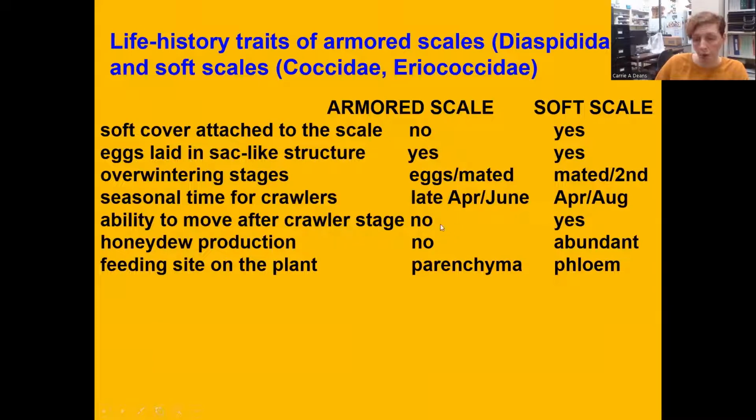Armored scales pretty much lose their legs and antennae. Soft scales can technically move, but they really don't tend to; it's quite rare. Honeydew production: soft scales, because they are feeding on the phloem, do produce honeydew, which can cause other problems with the host plants. However, armored scales do not, because again, they're feeding on these parenchyma cells, so not really a high sugar resource.